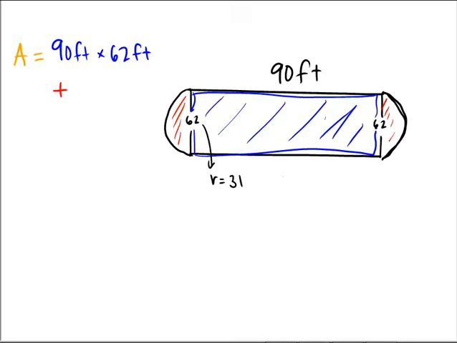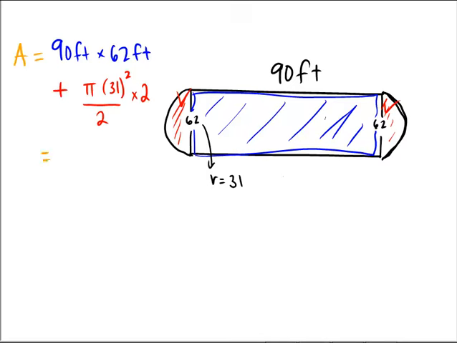So here we're going to take pi times the radius, which is 31 squared, pi r squared for the area of a circle. We're going to cut that in half because we're looking at semicircles. But then I'm actually going to take that result and multiply it by 2 because there are two semicircles, one on the left and one on the right.